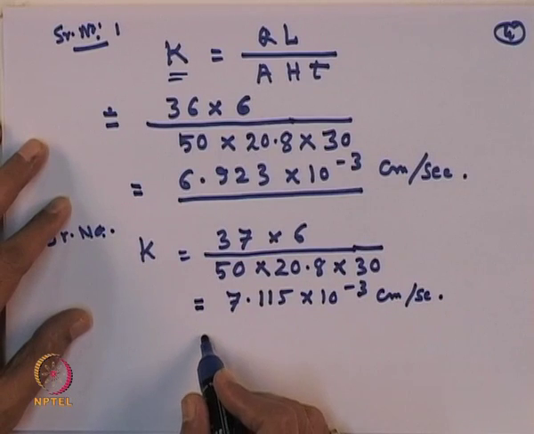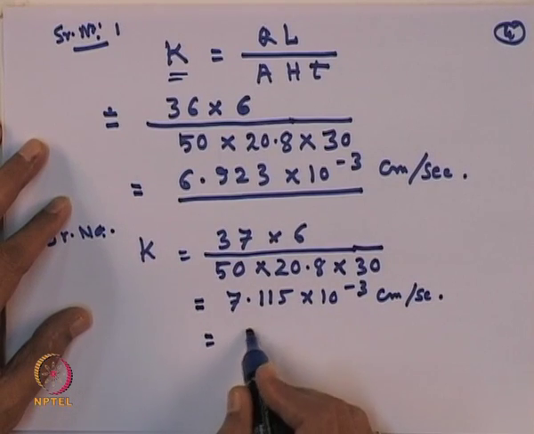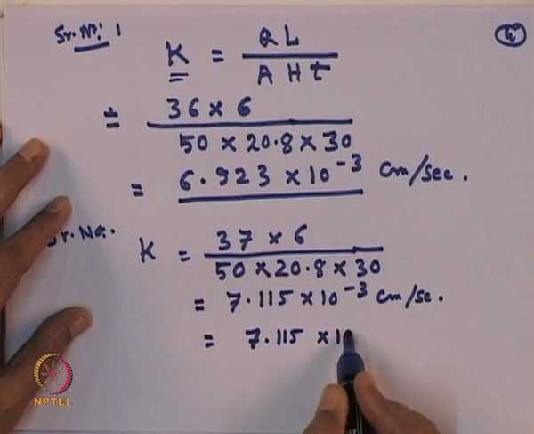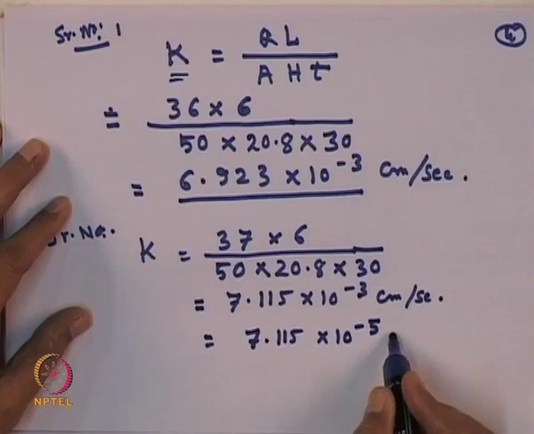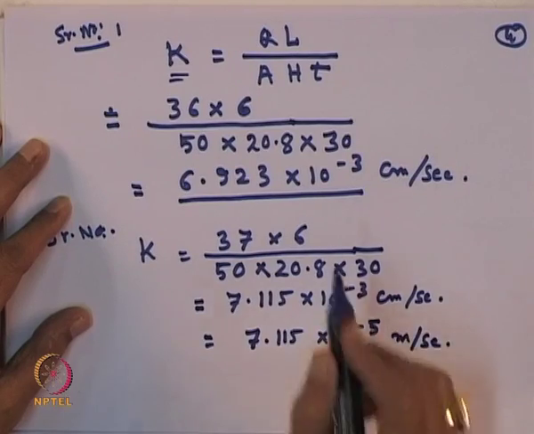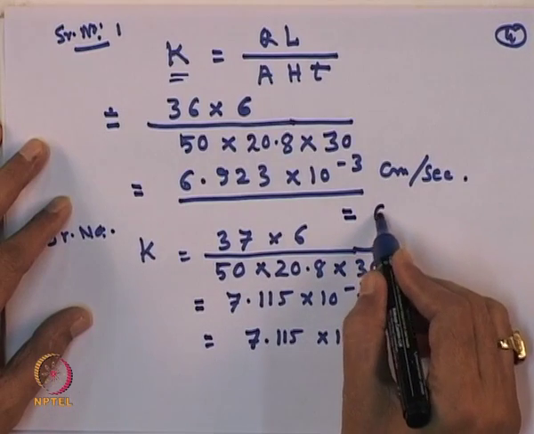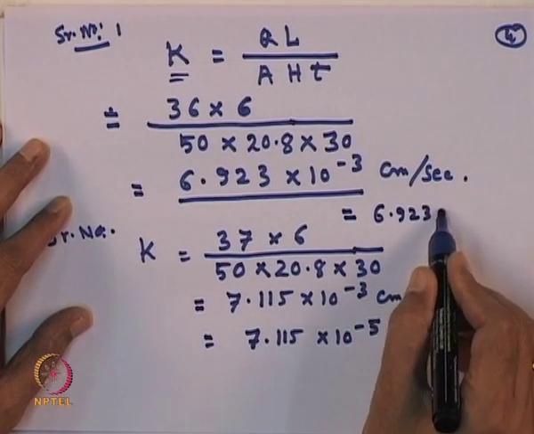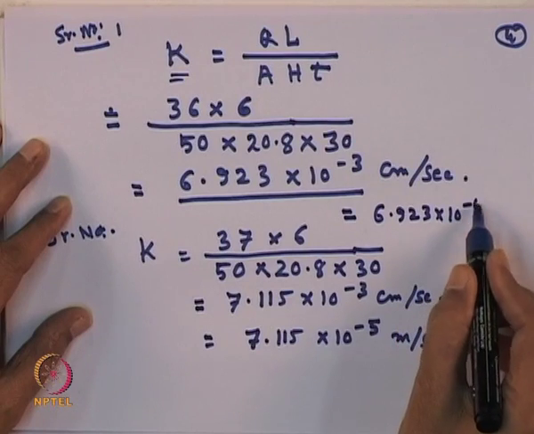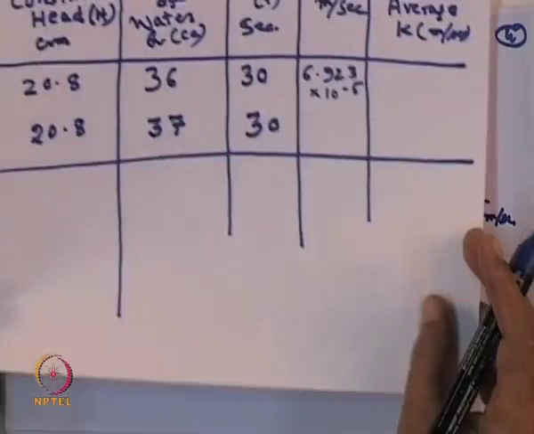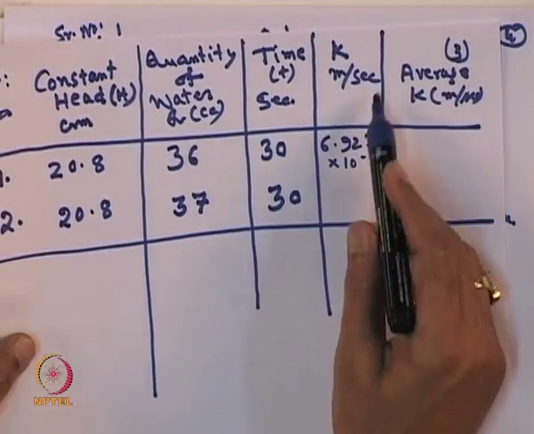If you convert it into meter, then it will be 7.115 into 10 to the power minus 5 meter per second, and this one, if you convert, will be 6.923 into 10 to the power minus 5 meter per second. Because here we have K, we mention it in terms of meter per second.